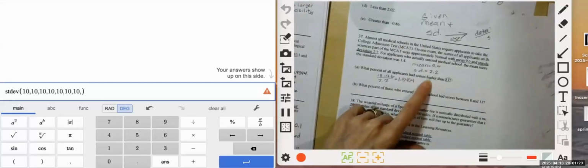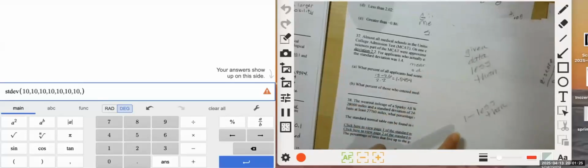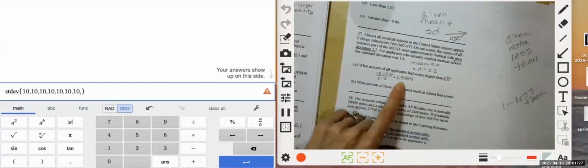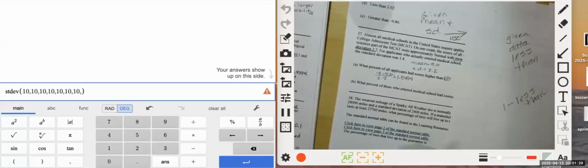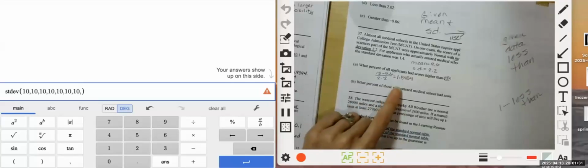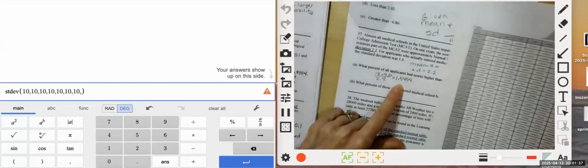This one's asking for higher than, greater than, so I can't just use it like this. I'm going to have to convert it, but first I need to look up that 1.54.